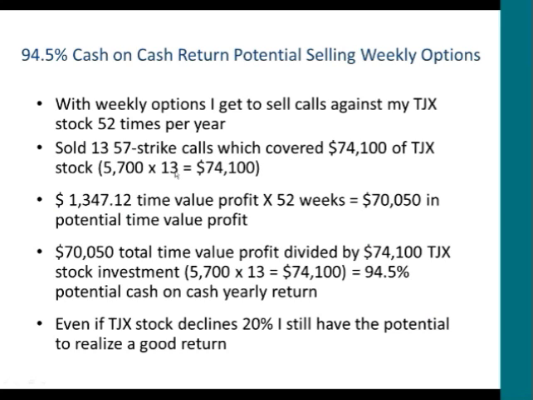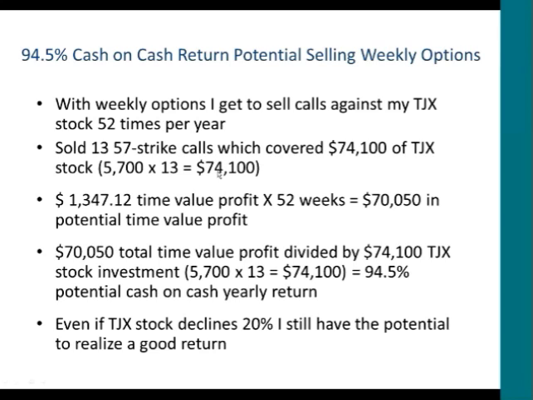So if I sell 13 of them, that'll cover about $74,000 in super portfolio stock. By selling those 13 57 strike calls, that's the equivalent of about $74,000 in stock.